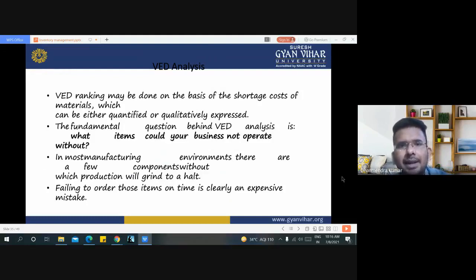VED ranking may be done on the basis of shortage cost of material, which can be either quantified or qualitatively expressed. The fundamental question behind VED analysis is: what item could your business not operate without?